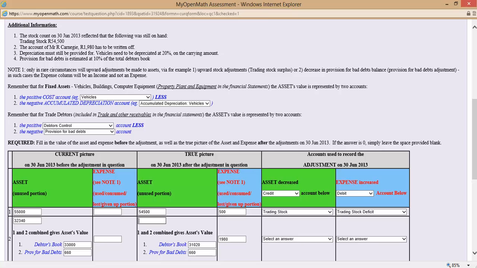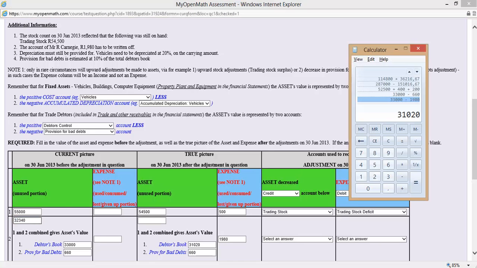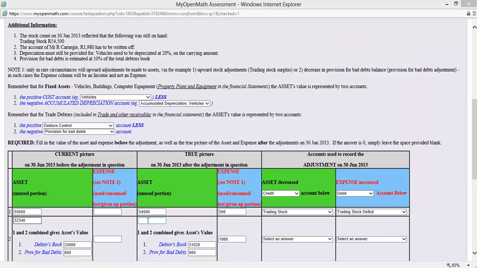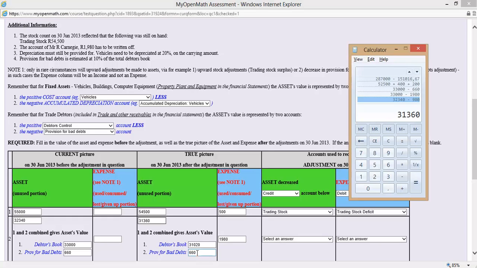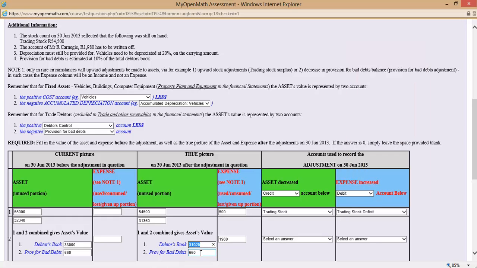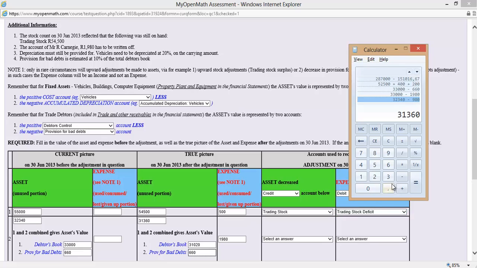Okay, so it's going to be the original 32340 minus 1980, which is 31360, and we can double check that. We can take our debtors book minus our provision for bad debts, 31020 minus 660.